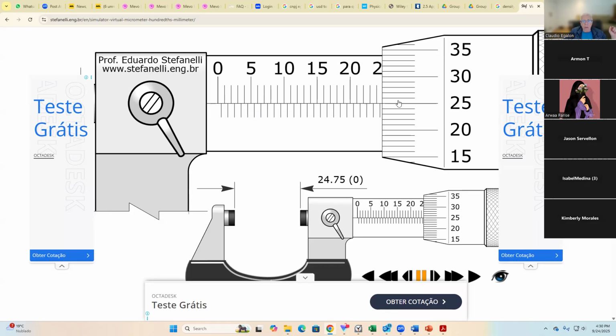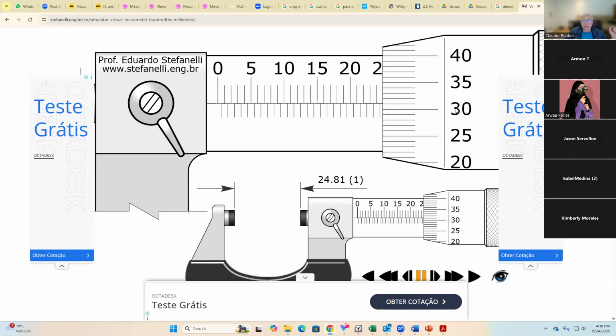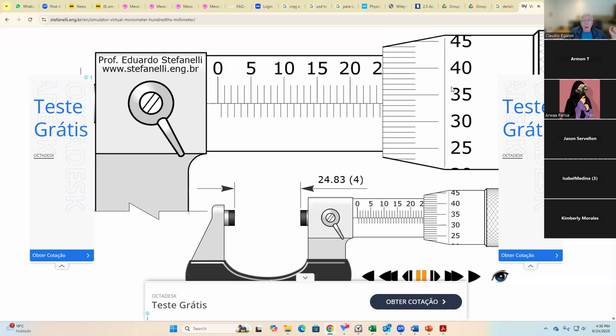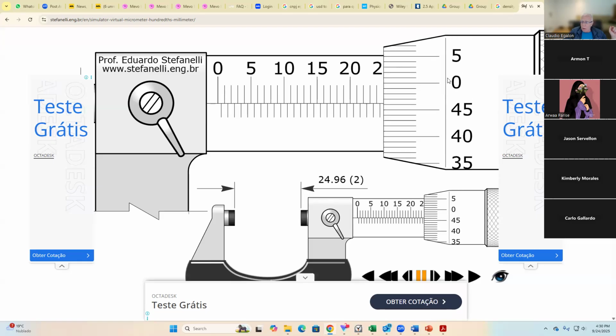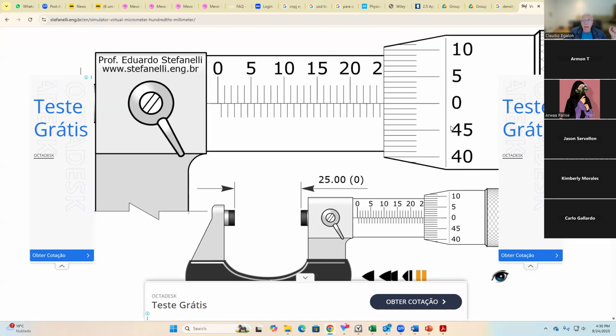What really provides the very high resolution of the micrometer is this radial scale that you see right in here. See that? It has 50 divisions. 45, 46, 47, 48, 49, 50.